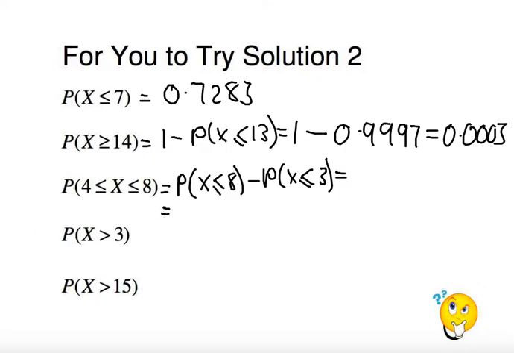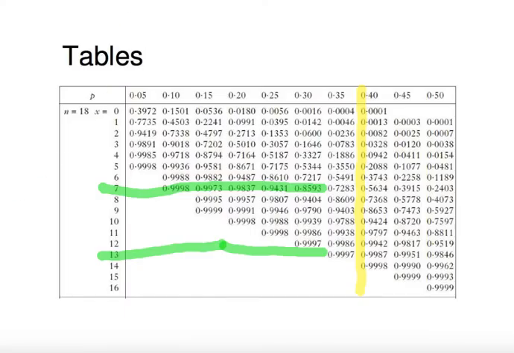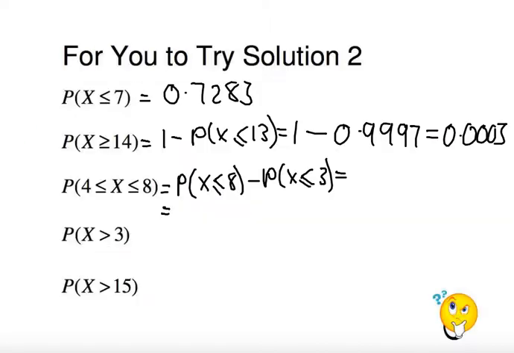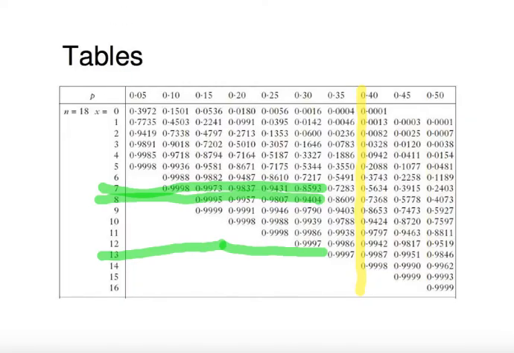So going to my table, let's get my highlighter pen. Probability x less than or equal to 8 is just under one of my lines there, so I get 0.8609. So let's note that down while I remember. Go back to our tables. We want now probability x less than or equal to 3.